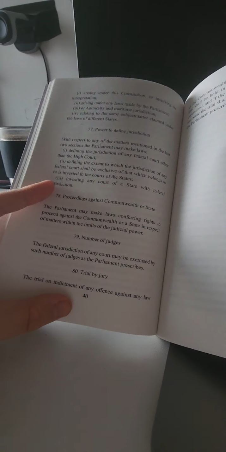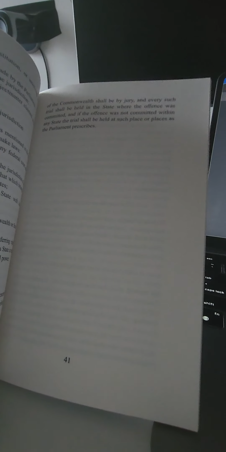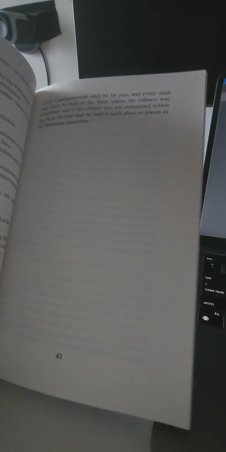You also have juries as usual. Trial on indictment of any offence against any law of the Commonwealth shall be by jury, and every such trial shall be held in the state where the offence was committed, and if the offence was not committed within any state, the trial shall be held at such place or places as the Parliament prescribes. So there's quite a bit of a grey area in some cases.